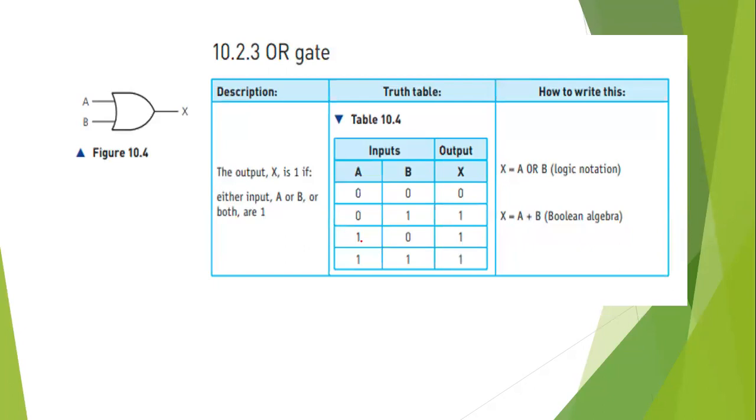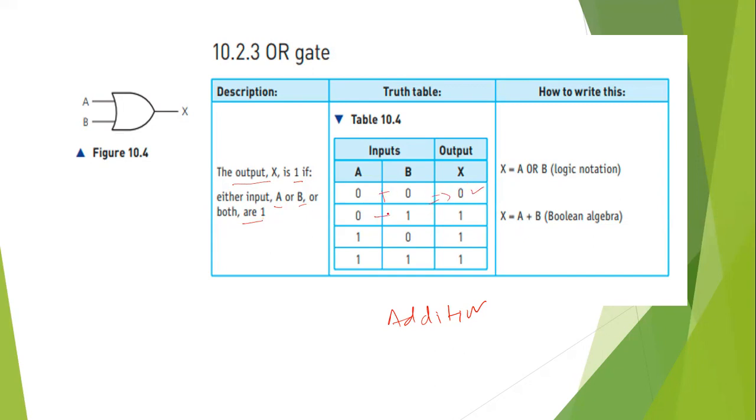Third gate is the OR gate. The OR gate works on addition. Here it is written: the output X is 1 if either input A or B or both are 1. From the truth table, 0 plus 0 equals 0.